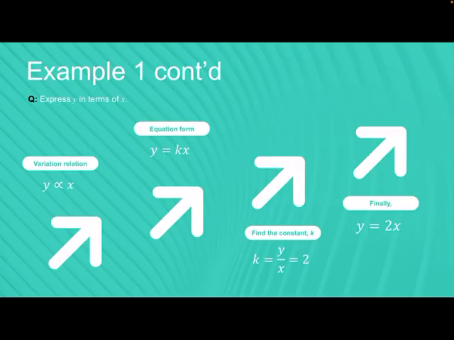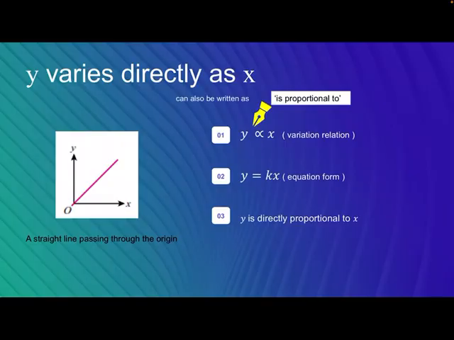Example 1. The question was to express y in terms of x. We know that when x increases, y increases, so y varies directly as x. First step is to write y varies directly as x.